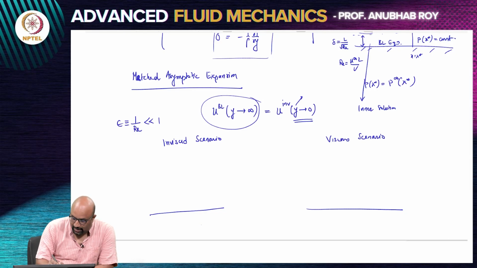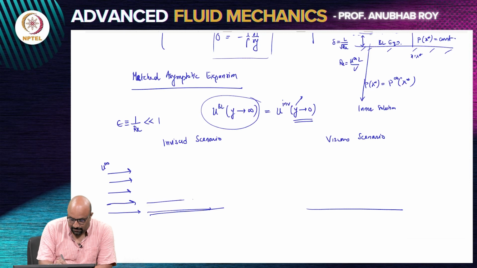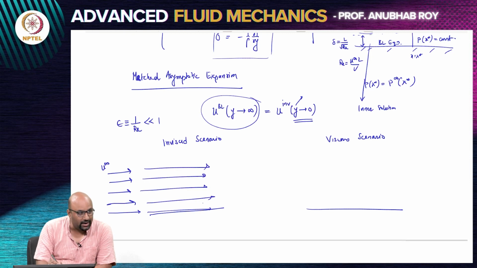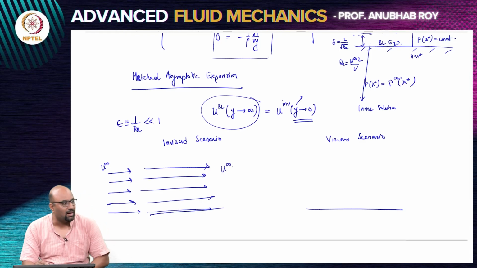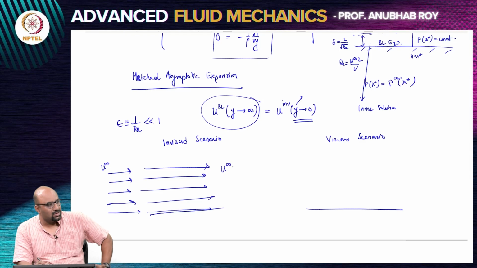Now, if there is a horizontal plate with a uniform stream that is coming in with some velocity u infinity. If the flow was perfectly inviscid, that means there was no frictional effects in the flow, then this velocity would go over the plate, slide over the plate with no change in magnitude, because there is no friction.